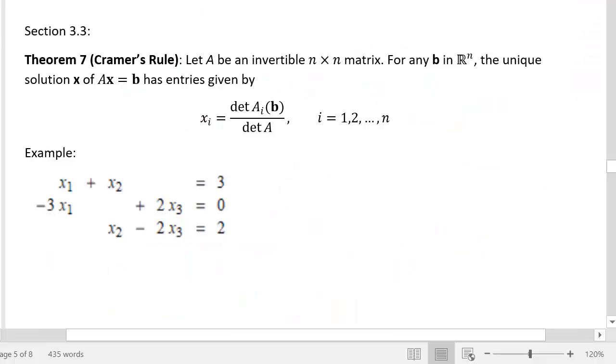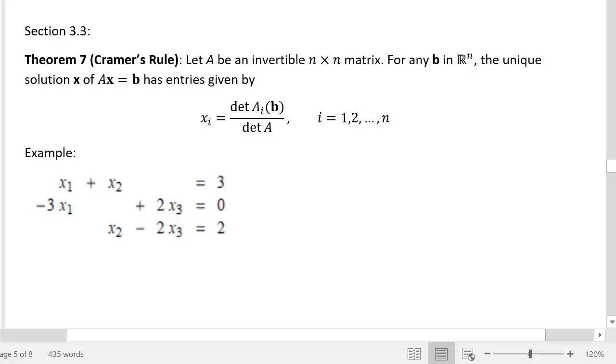We are in section 3.3, and let's take a look at some ideas discussed here that extend determinants. First, there's Cramer's rule. It says here that if we have an invertible n by n matrix and we want to know what x vectors send that matrix to B, then we can find the solution by finding each individual x by finding determinants.